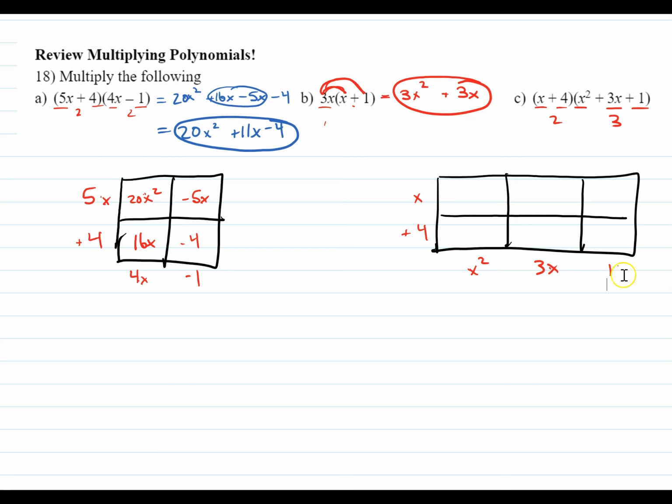So let's multiply to fill in the grid. x squared times 4 is 4x squared. x squared times x is x to the power 3. It's not 2x squared. It's a common mistake. 3x times 4 is 12x. 3x times x is 3x squared. 1 times 4 is just 4, and then 1 times x is x.